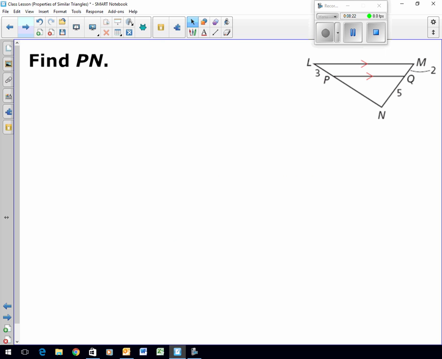Let's try it. Right here, set up your proportion.